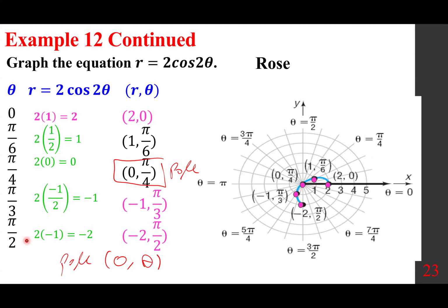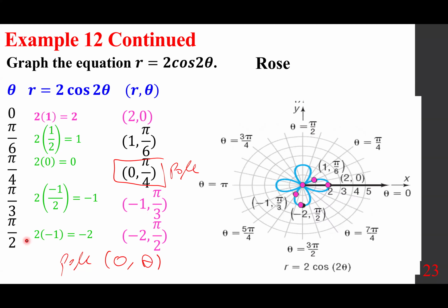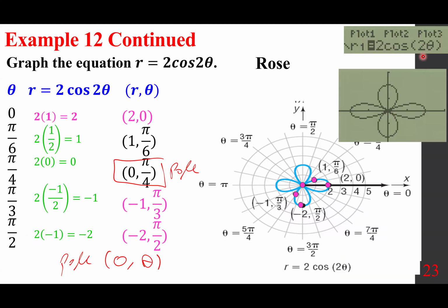Now you go from pi over 2 to pi, then from pi to 3 pi over 2, then from 3 pi over 2 to 2 pi, and you notice it looks like that. If you put your graph in polar format and plug in this one, the graph looks like that.